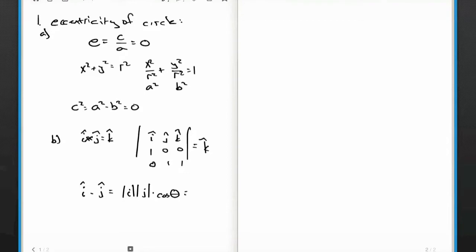They're orthogonal, so the cosine is 0, and this becomes 0 that way. The other way to do that would be to say (1, 0, 0) dotted with (0, 1, 0), which equals 1 times 0, plus 0 times 1, plus 0 times 0. So either way, that equals 0 as well.